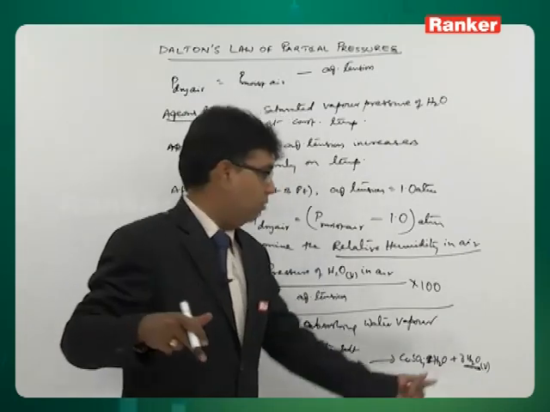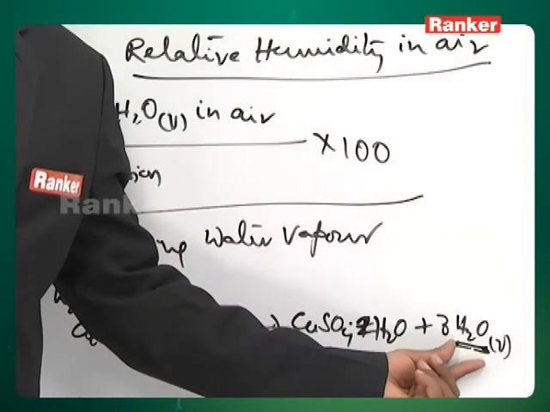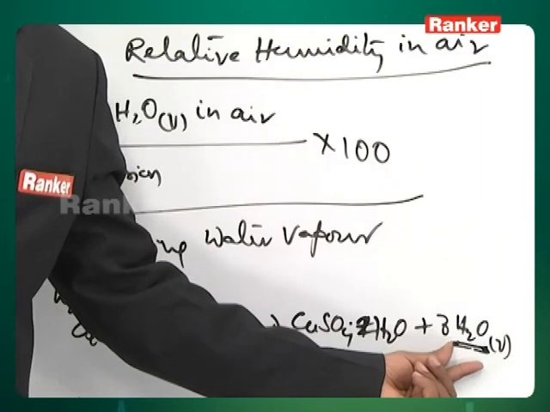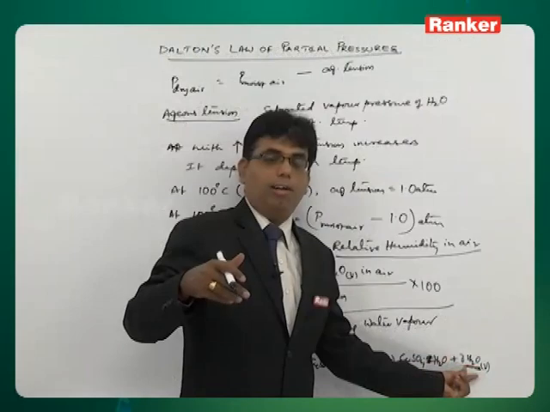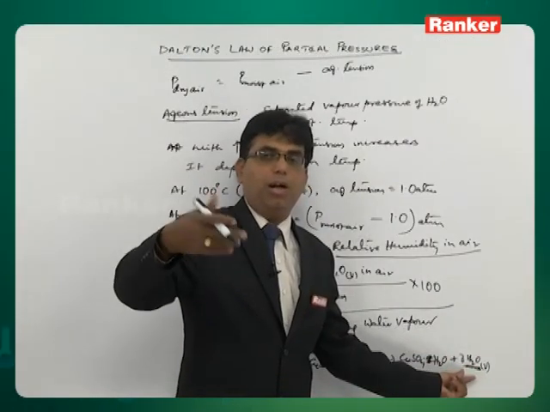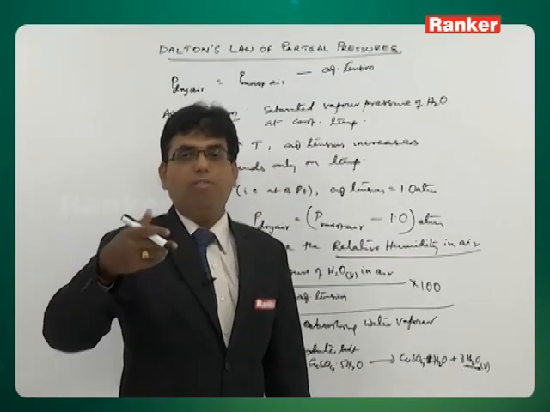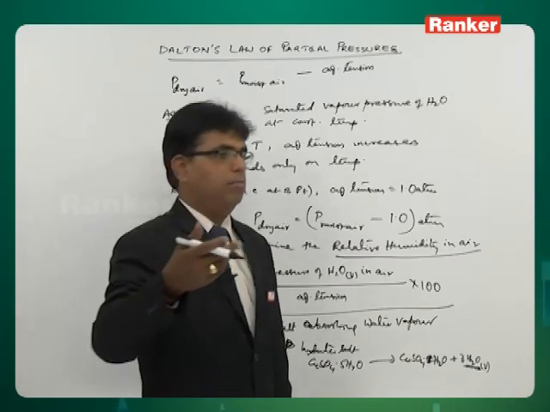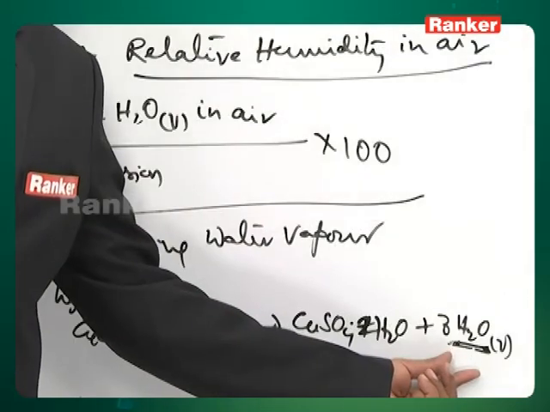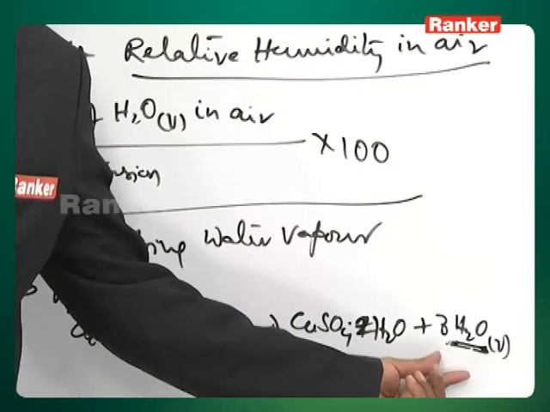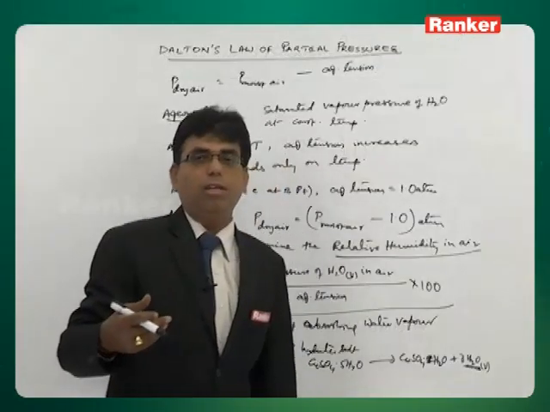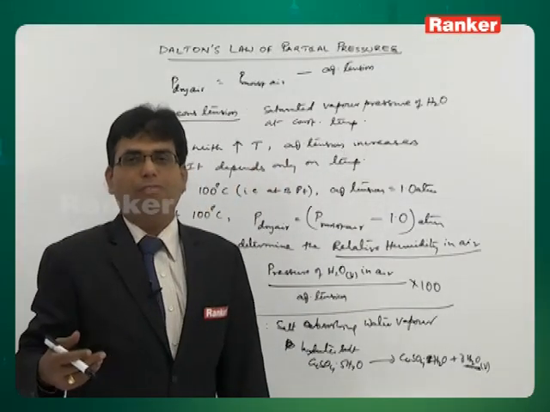But on the other hand, if this is more, that means it cannot absorb any more water, or rather it will give out water to the atmosphere. In that case, it is efflorescent, right? And in that process, some salts also will appear in different colors. So this is what we call hygroscopic and efflorescent.